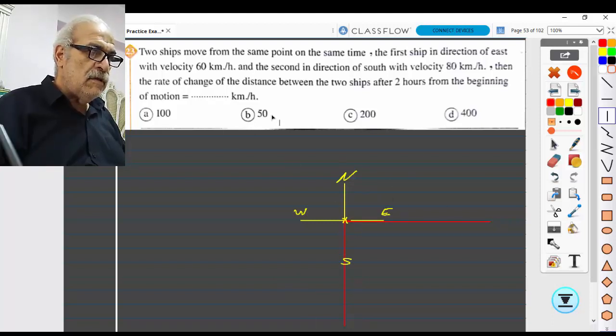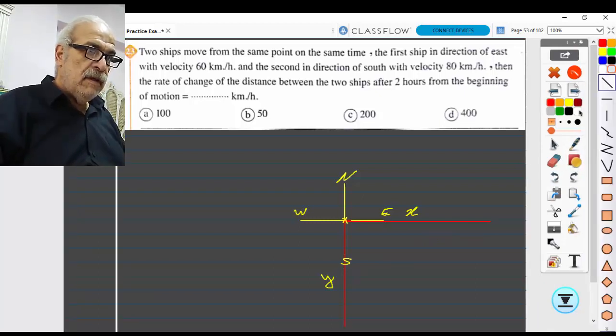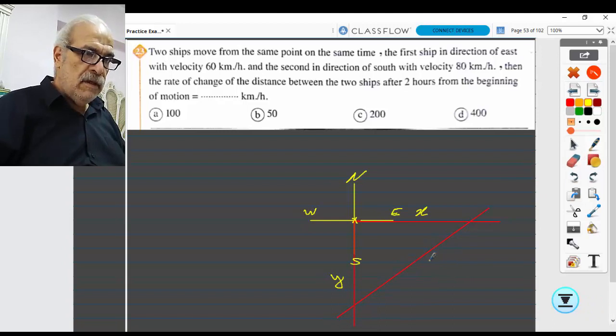I'll consider the first distance here is x and the second is y, and the distance between them at any time is z. I'll write z here. This is the direction of the first one, and here is the direction of the second ship.